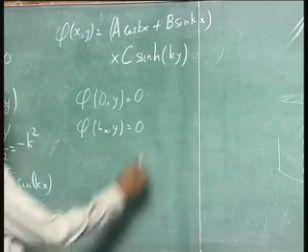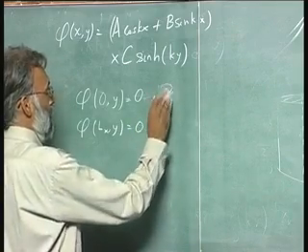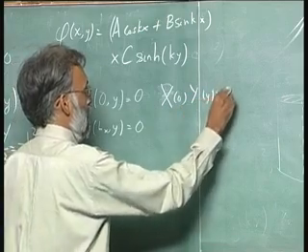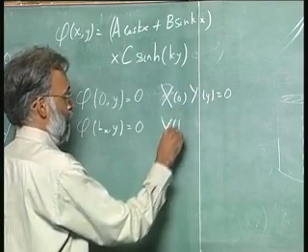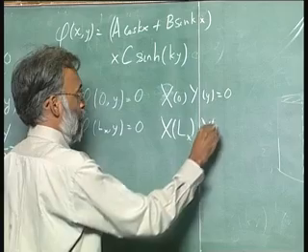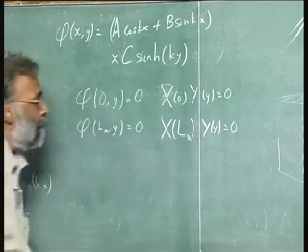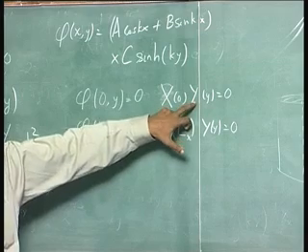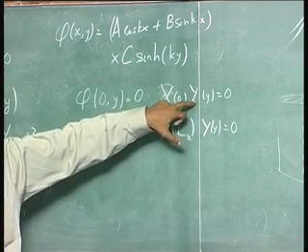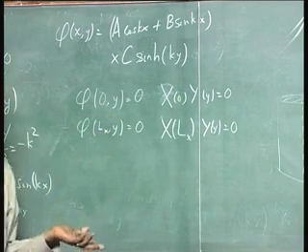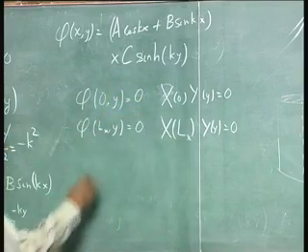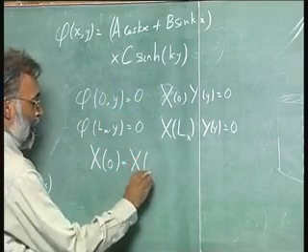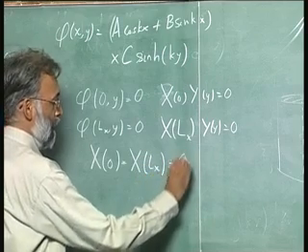Now, if I rewrite this, it is saying capital X of 0 times capital Y of y equals 0, capital X of Lx times capital Y of y equals 0. As before, I can choose to make capital Y identically 0, but that is absurd. I will not have any solution after that. So, the answer must be capital X of 0 equals capital X of Lx is equal to 0.